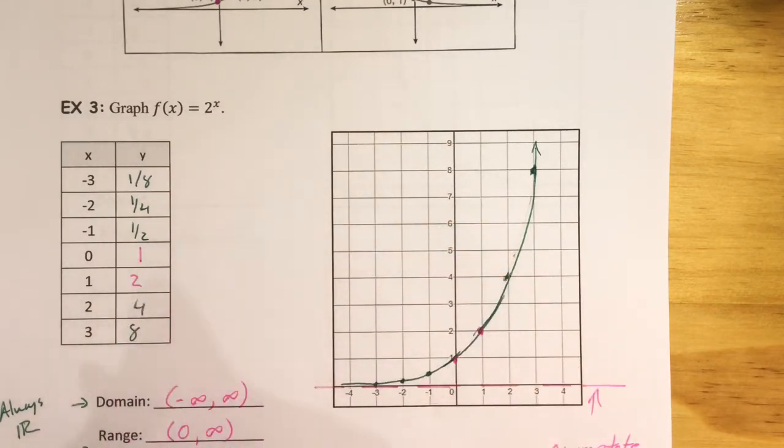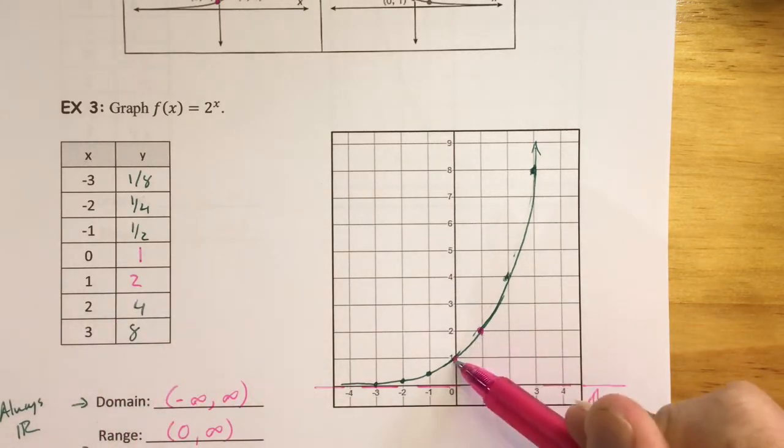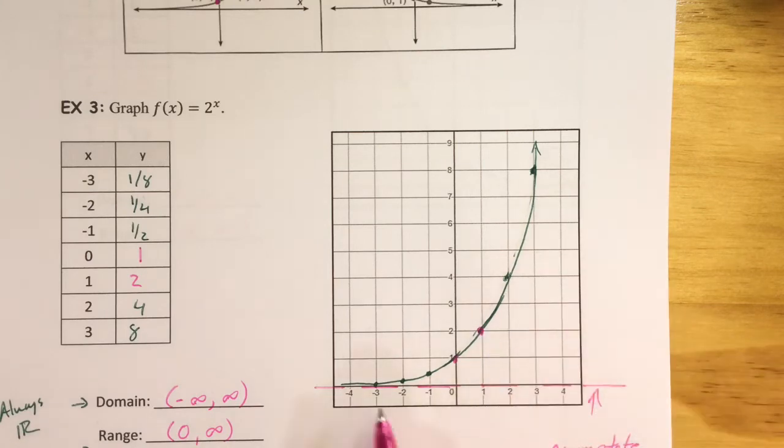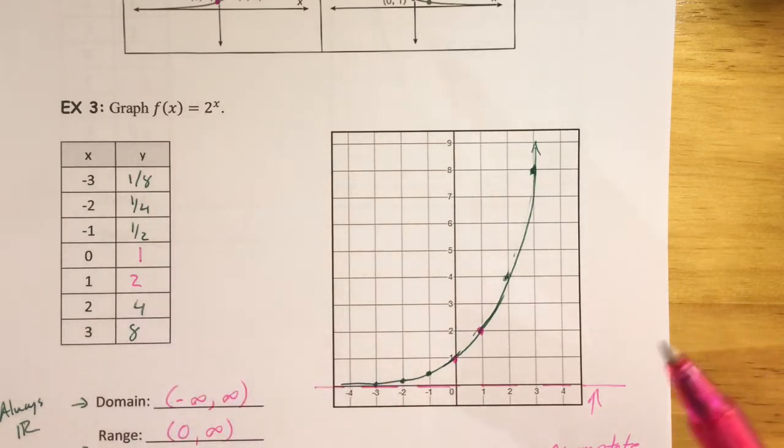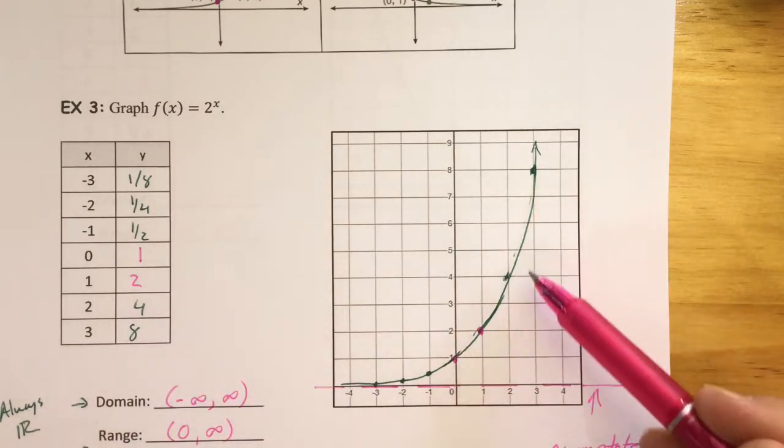So I can always fill that in very quickly, and then on the graph, I plotted those in that pink color. I also have that asymptote here at the x-axis, which would be a consistent thing. This function is going to be a growth function because 2 is a number larger than 1, so we can expect that shape to it.